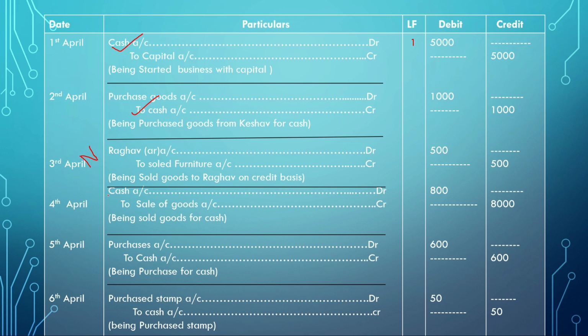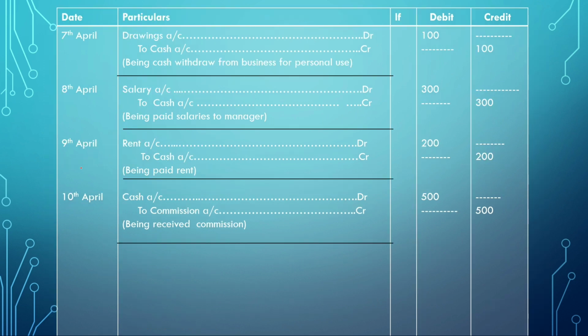Fourth, we have one cash transaction as a debit, and fifth, sixth, seventh and eighth are credit transactions. The ninth and then 10th is a debit transaction. So in the 10 journal entries we have 9 cash transactions.